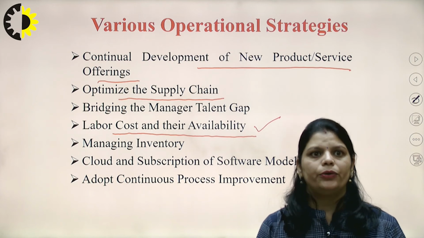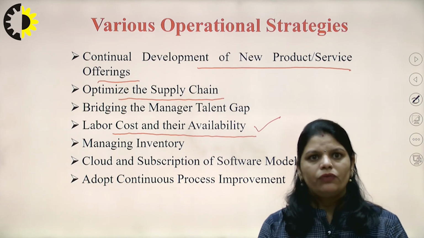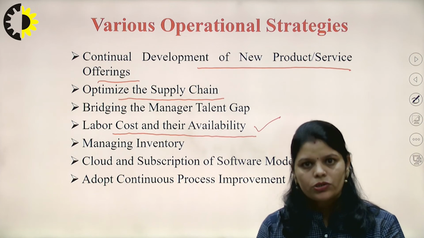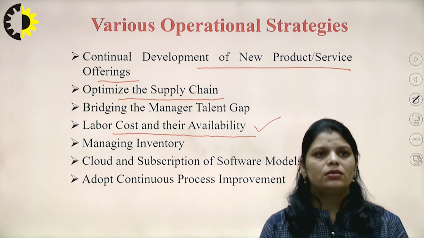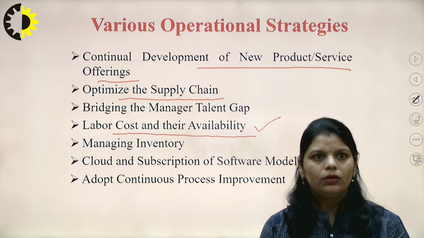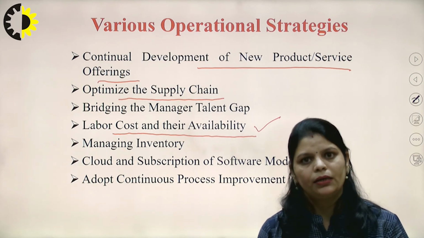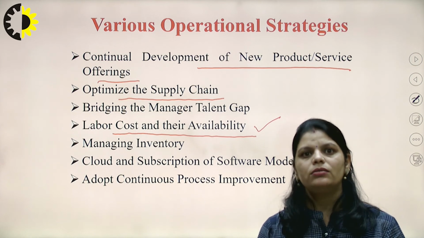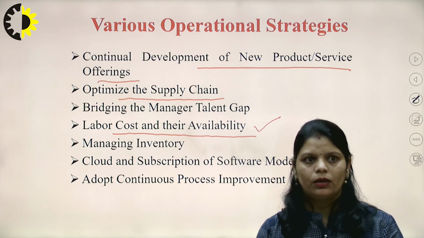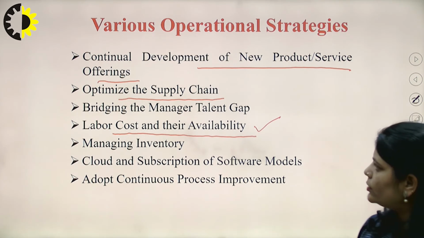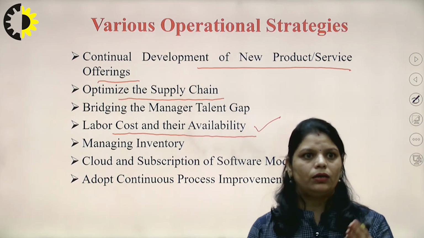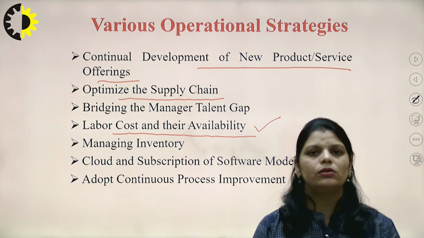Clear? And during the recession, the qualified labor was available in most areas. And since the economy has improved, the labor quality and the availability in many areas has diminished. Clear? Now, what are the strategic directions under this operational strategies?